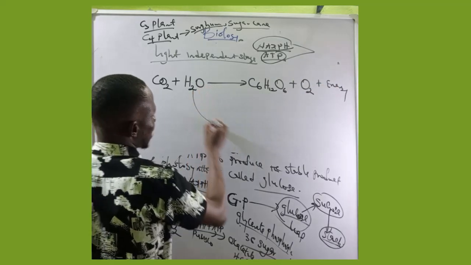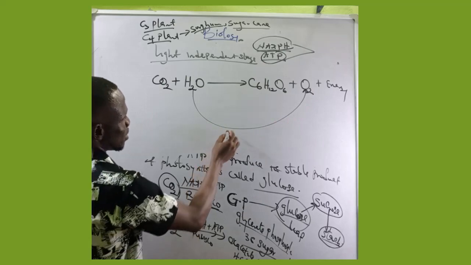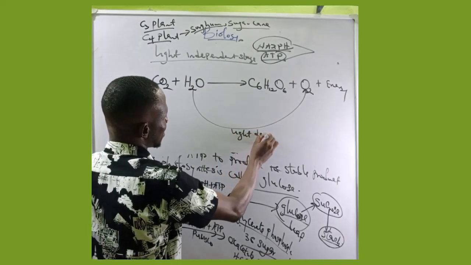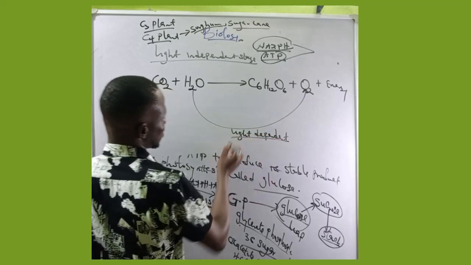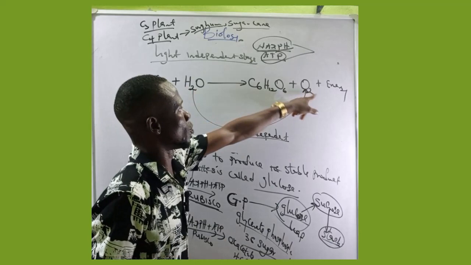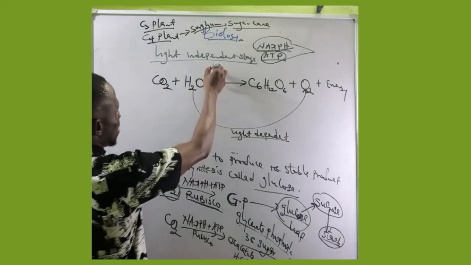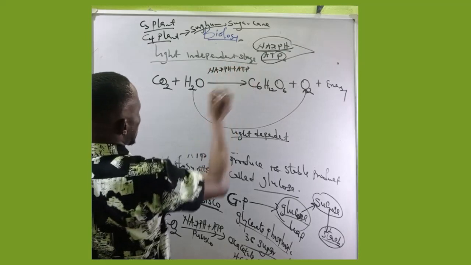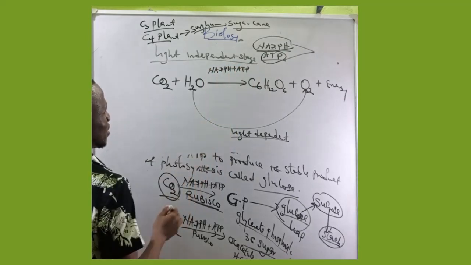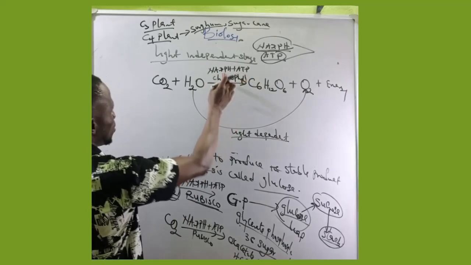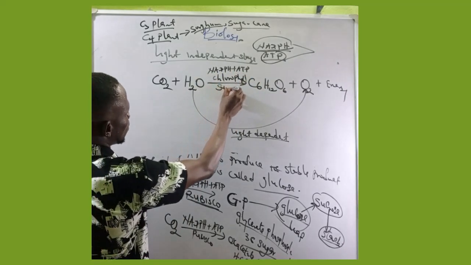Water to oxygen occurs at the light dependent stage, or light reaction. Water is split to produce this. NADPH and ATP are produced at this stage. Chlorophyll is also needed for the reaction to begin in the presence of sunlight.